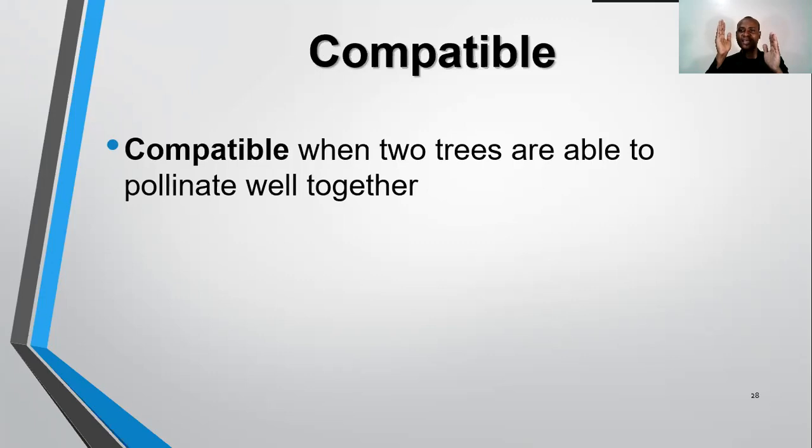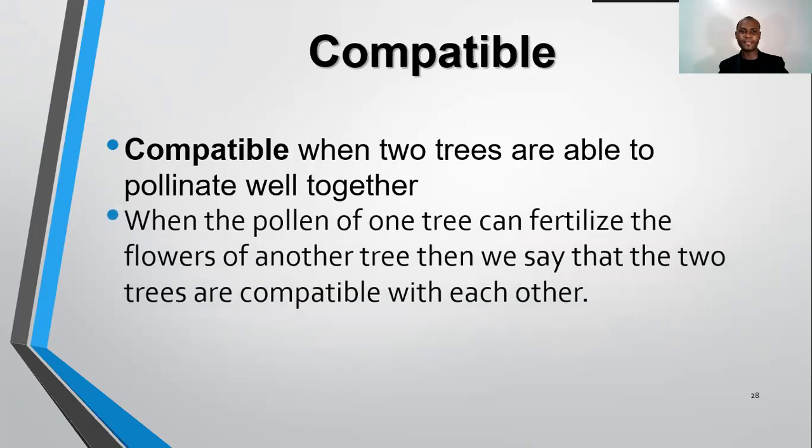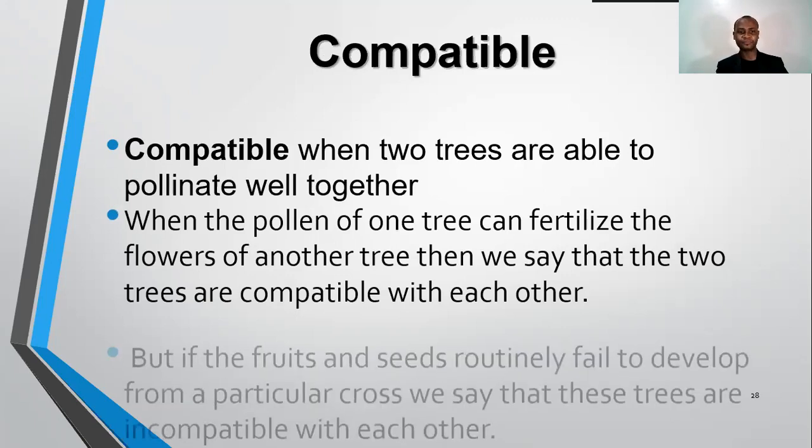But if tree A cannot pollinate tree B, we say they are incompatible. So when the pollen of one tree can fertilize the flowers of another tree, then we say that the trees are compatible with each other.